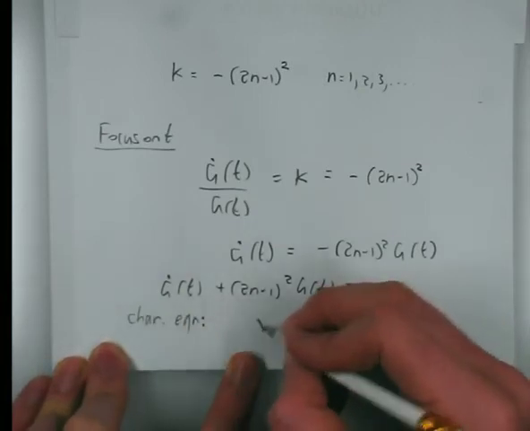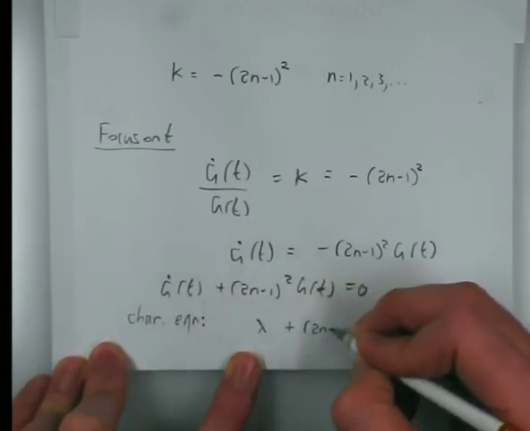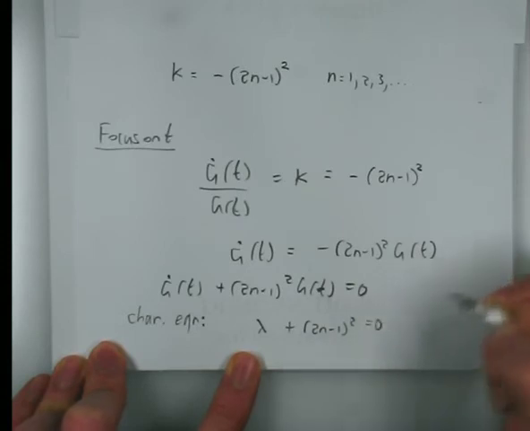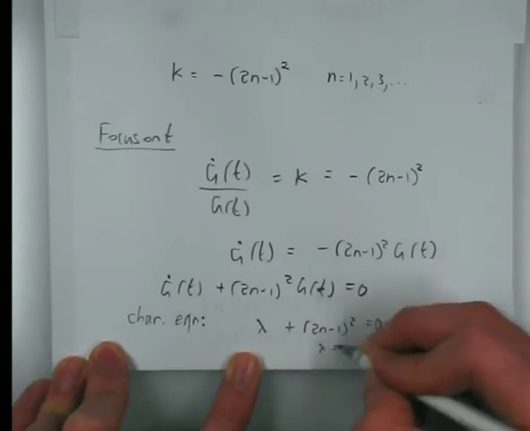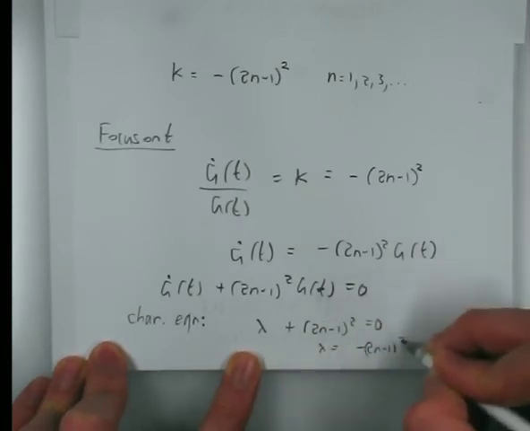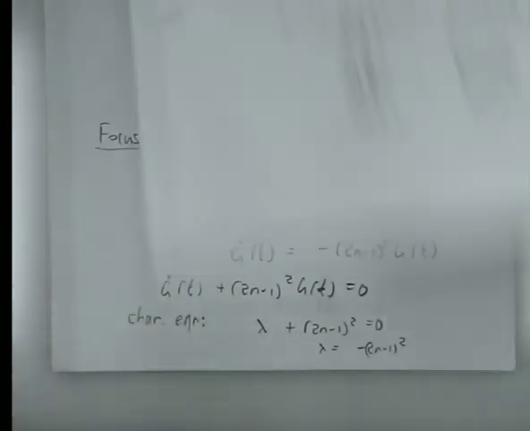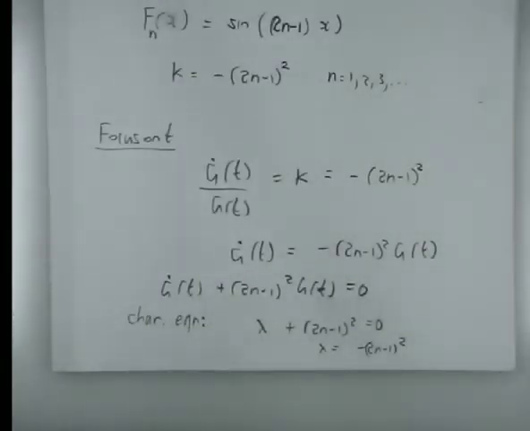And so I'm going to get lambda plus (2n minus 1) squared equals 0. And so lambda is minus (2n minus 1) squared. And then my solution would be e to the lambda x, well, e to the lambda t. Just the same as if I did it with a second order one, and I got two lambdas, and I would have e to the whatever t and e to the other t.